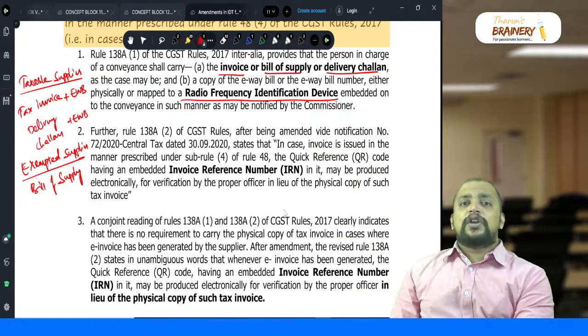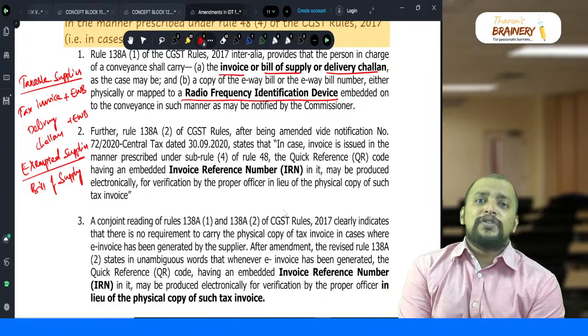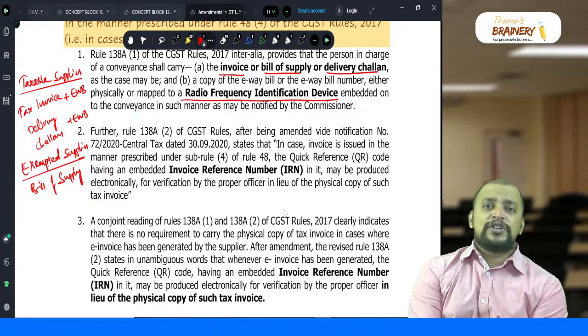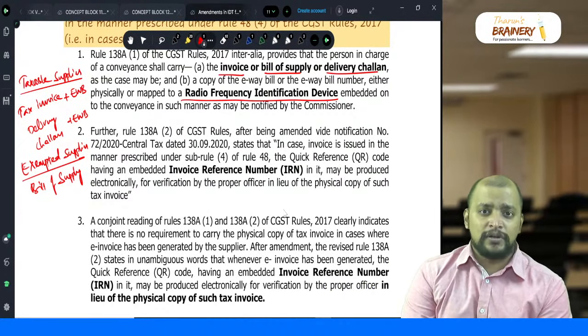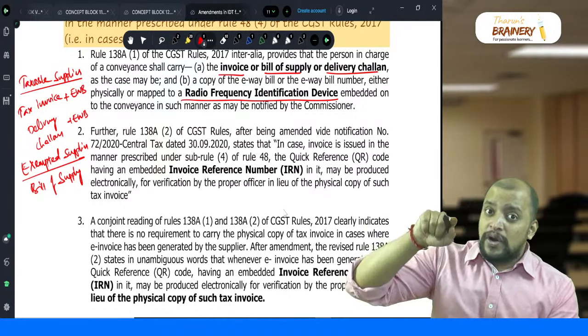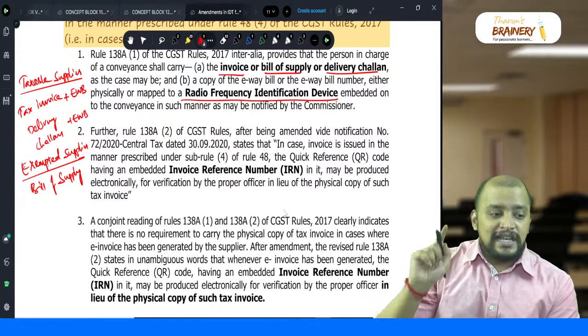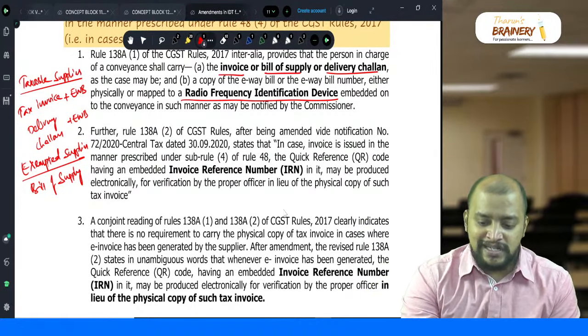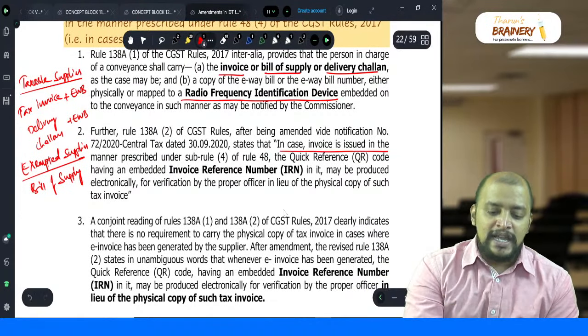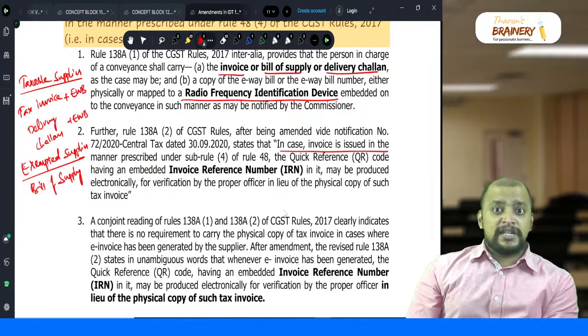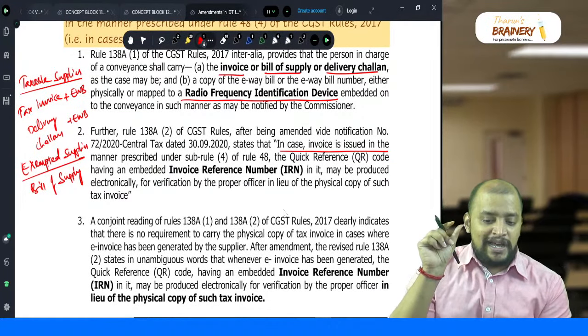This dynamic QR code you are generating through your application. There are a lot of open source applications for generating dynamic QR code, whereas the QR code in the invoice is given by the invoice registration portal. So in case the invoice is issued in the manner prescribed, that is e-invoice, one QR code will be there now.